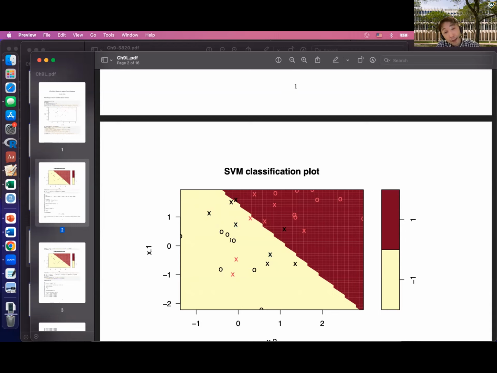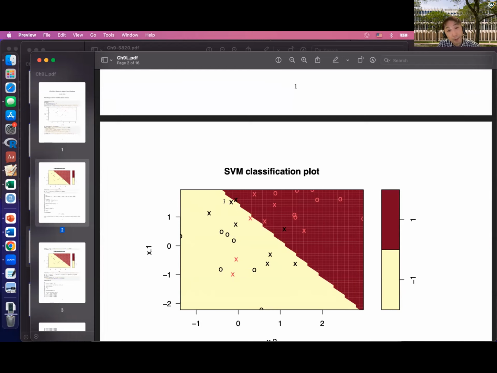I think the dotted line is around here, and on this side it's not clear. Maybe around here. So this is the area. Even if the black points are in the yellow area, if they are still within the margin, then they are support vectors.